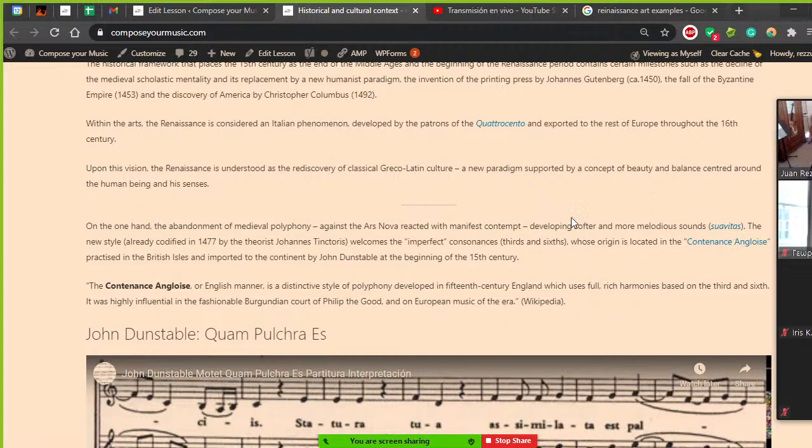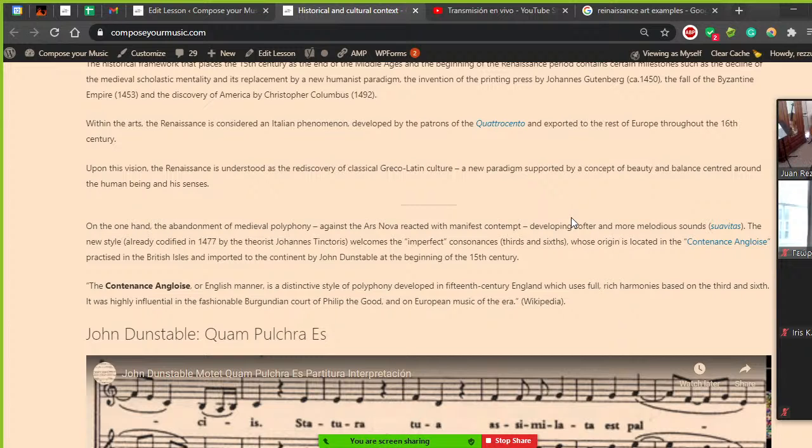So remember Schoenberg, who said something about the reaction against the fifths. This is mainly what happened. They reacted really badly against what the polyphony represented, which was the perfect consonance.